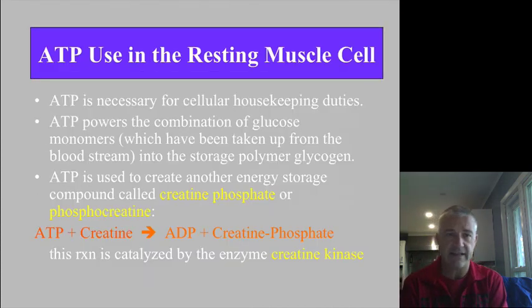So we use ATP for normal functioning along with muscle contraction. We a lot of times need glucose or glucose polymers, which is glycogen, and we can break that down to generate a lot of this ATP.